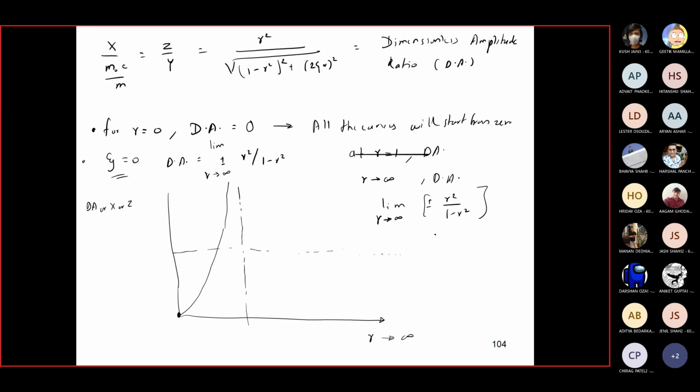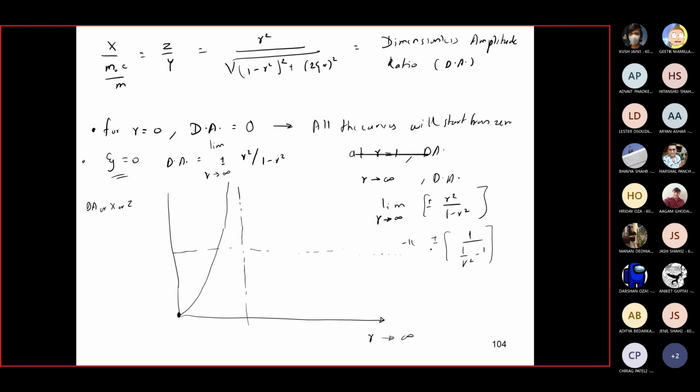I can write it in the form 1 upon r square minus 1. Taking a mod of this, because it is plus or minus, the minus sign will come below the axis, so we take the reflection of that.